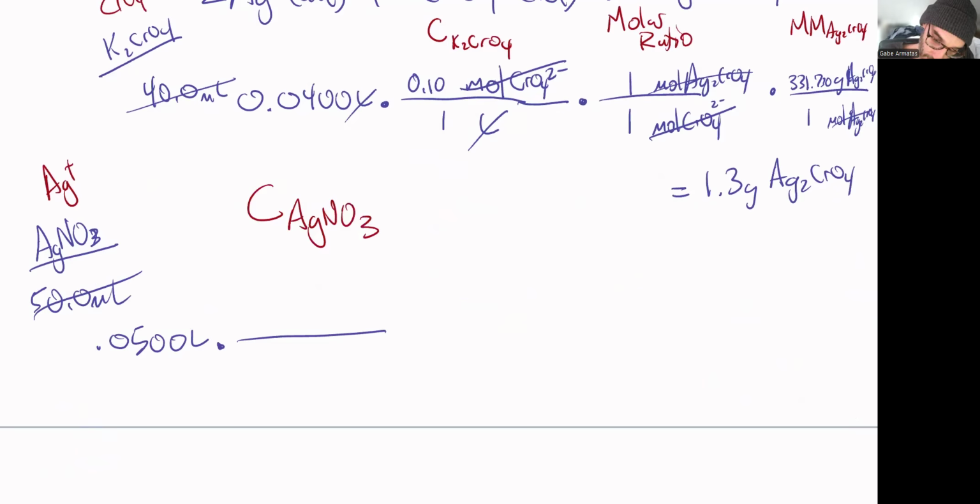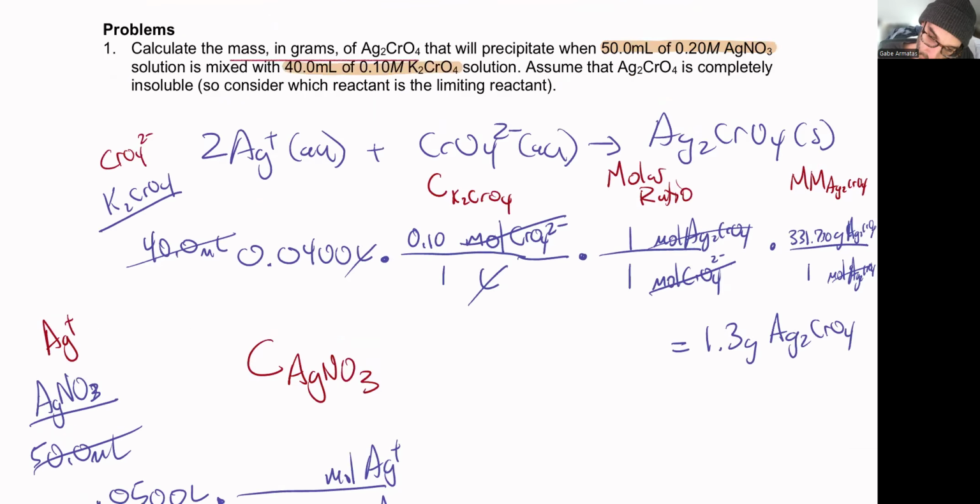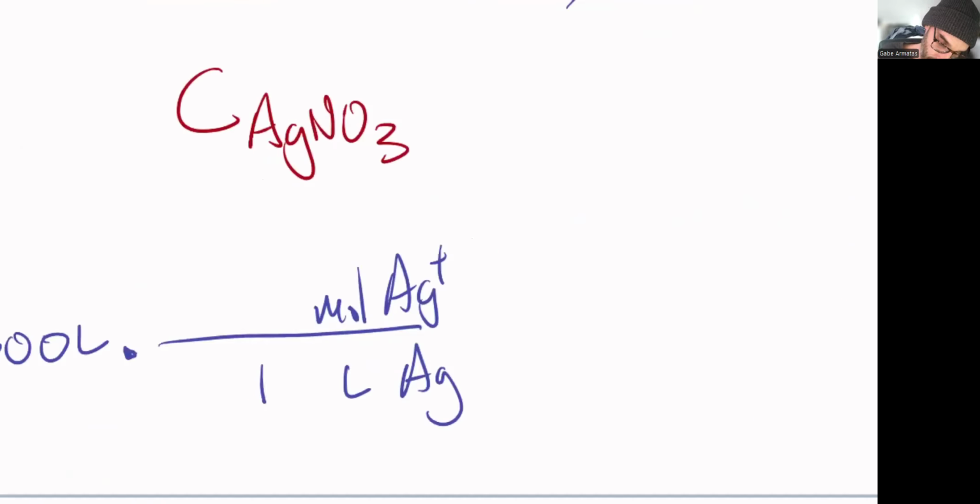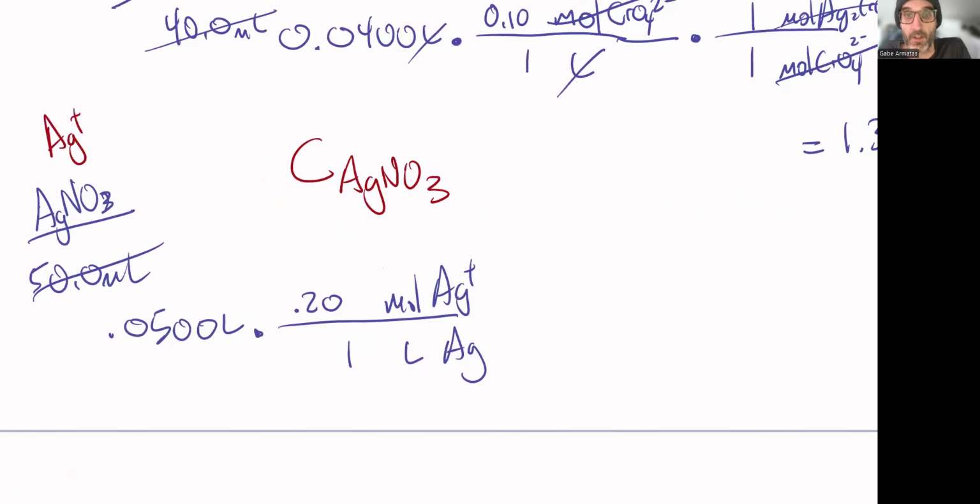So liters to go away, moles of silver ions to remain. For every 1 liter, the concentration was 0.20 molar, 0.20 moles of AgNO3 for every liter. Liters cancels, and I'm left with moles of silver.